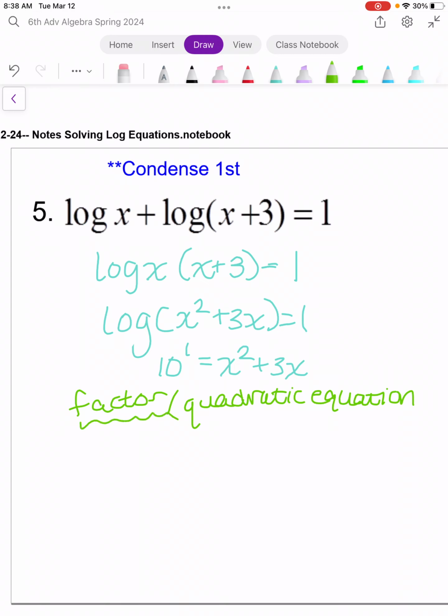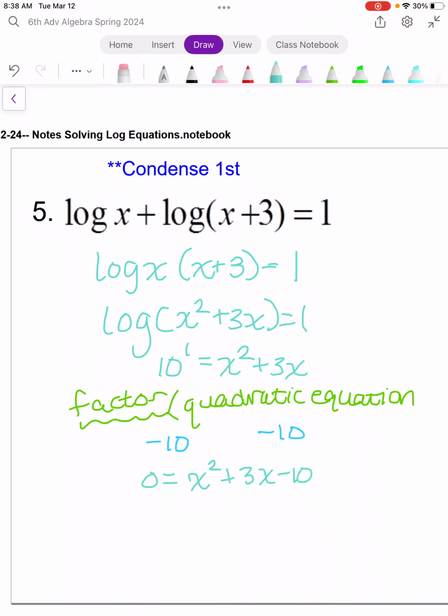You can always use a quadratic equation, but you're going to remember that you're going to have to check your answer. So I'm going to factor this. So I'm going to subtract 10 from both sides, because either way, if you factor or use quadratic equation, you're going to have it set equal to 0. So I have 0 equals x squared plus 3x minus 10.